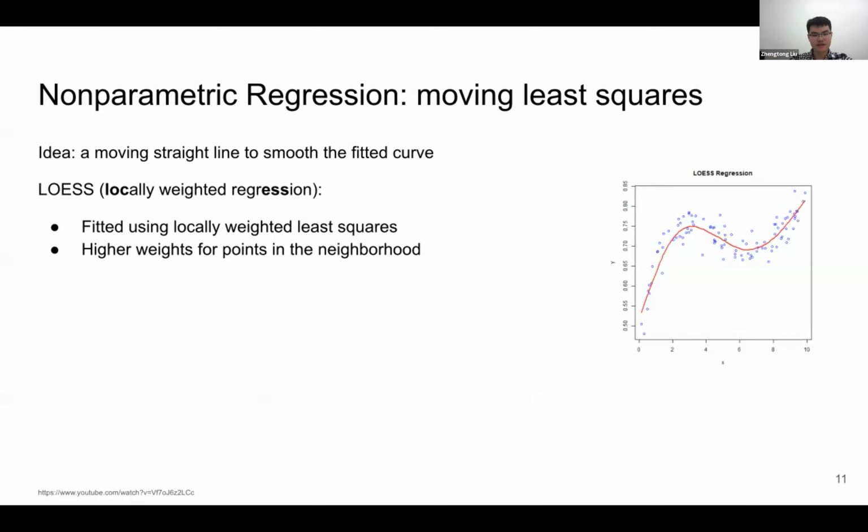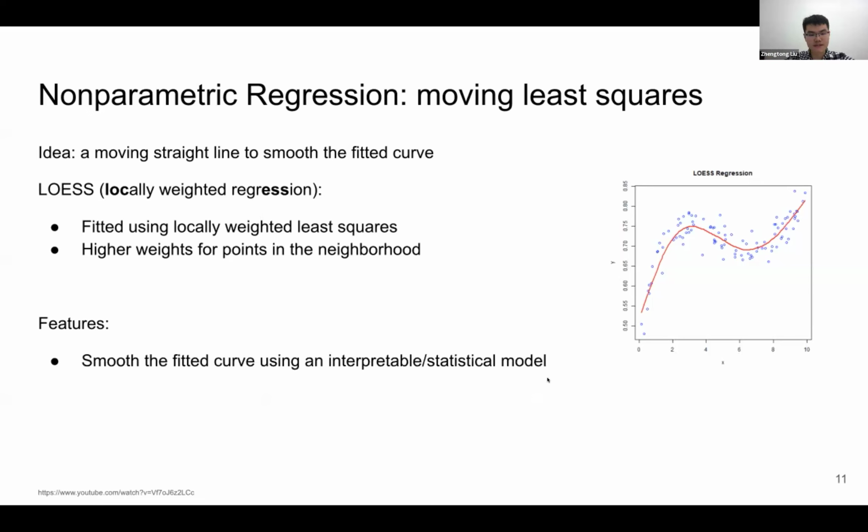This weighted least squares is the same as what we learned in class. In this way, we put higher weights on points in the neighborhood of the current point. This is like k-nearest neighbors, or, if you are familiar with CNNs, like kernel padding that puts higher weights on neighboring points.